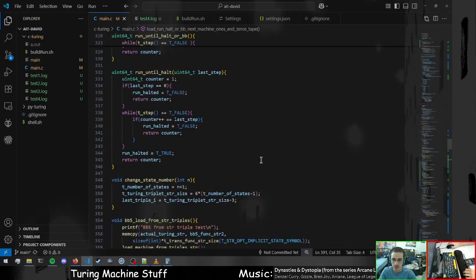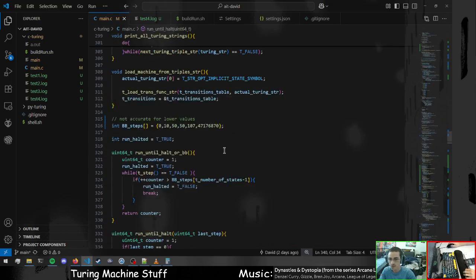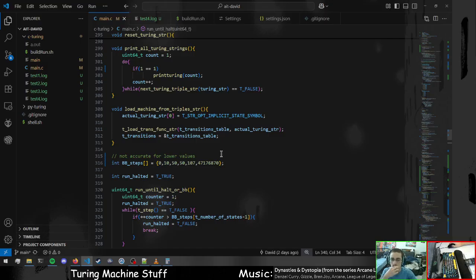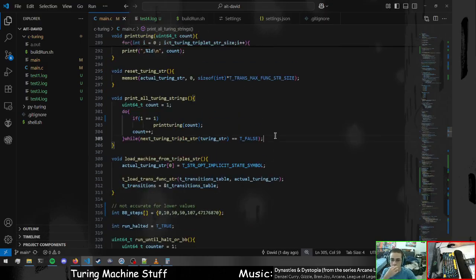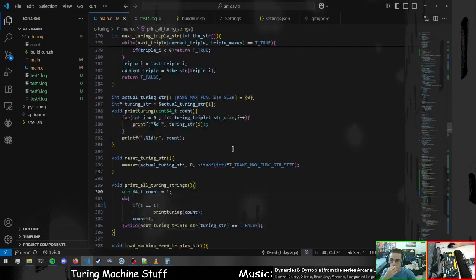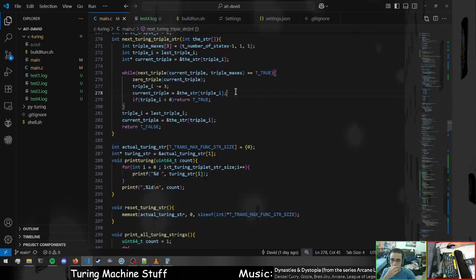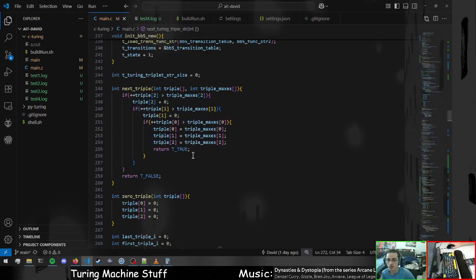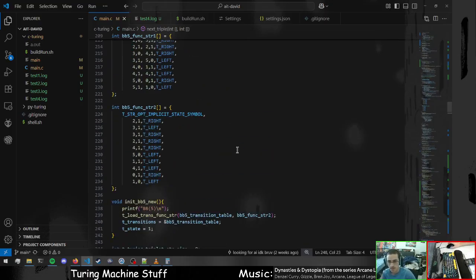But keeping this all in one file, it was nice. It was easy to do this, but you know, it's getting unwieldy. All right, it's getting unwieldy.